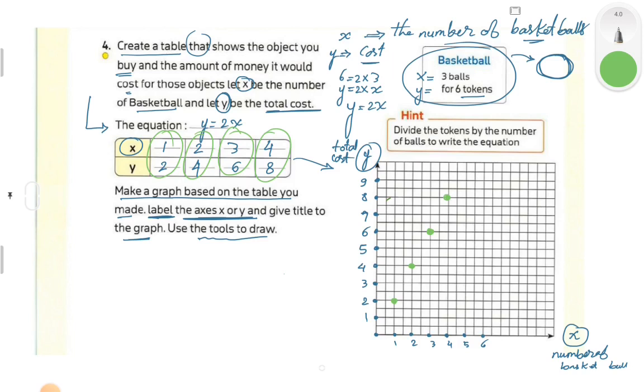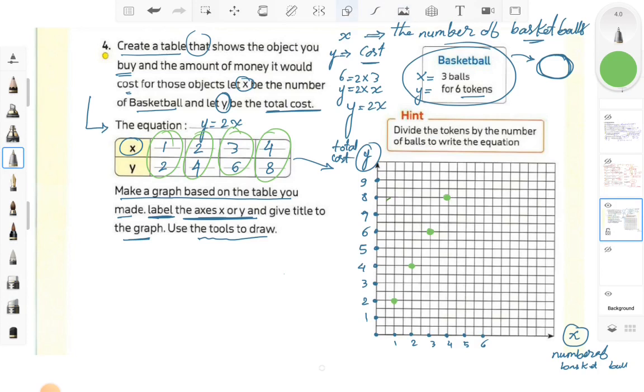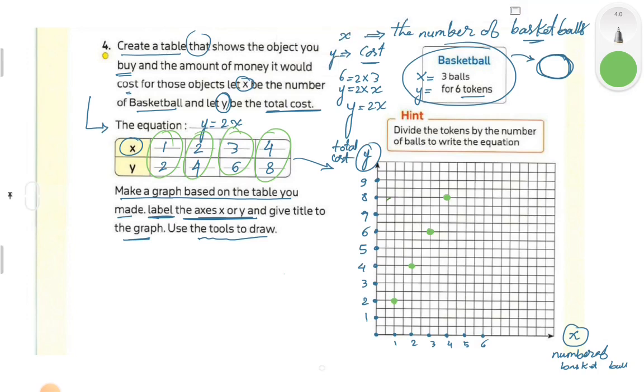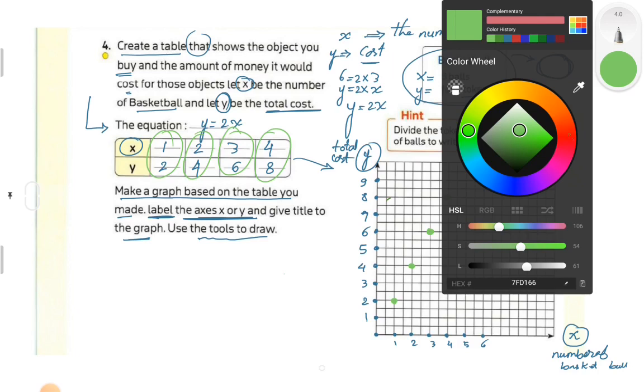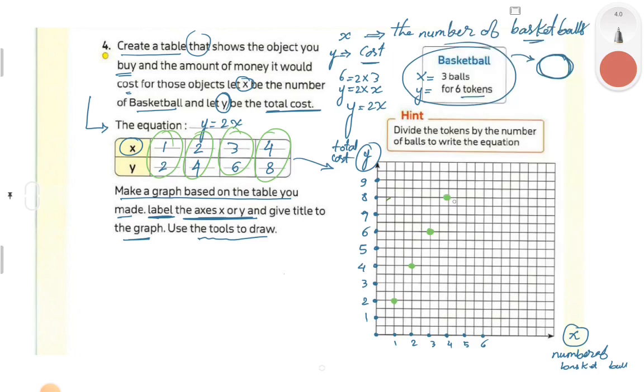Now note with me, when you connect these points with each other, try to use your ruler, and make sure to use another color. Start from where? Start from here and go up, maybe like that.